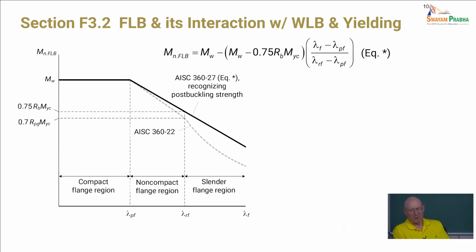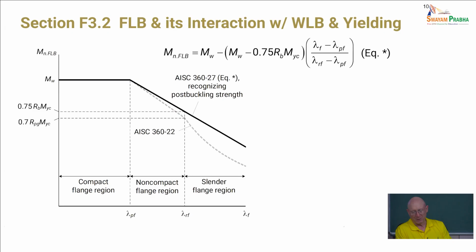And then given the plateau strength, you'll see in the next few plots, we're plotting either flange local buckling strength or then lateral torsional buckling strength on the ordinate, and then versus slenderness term on the abscissa.